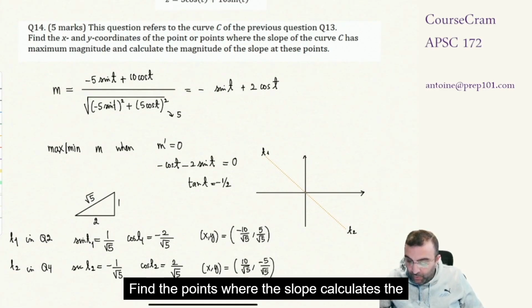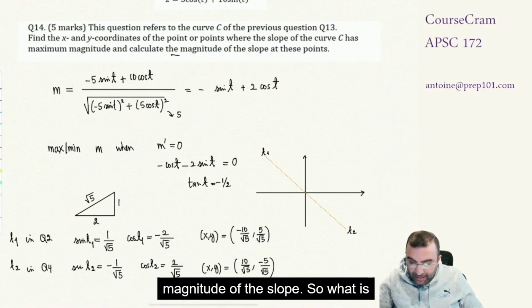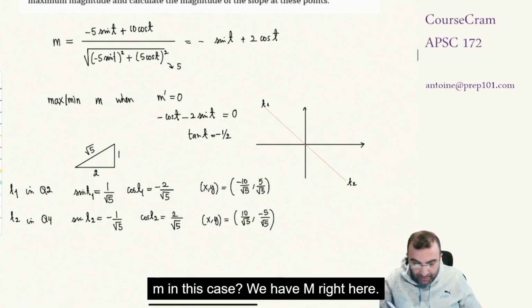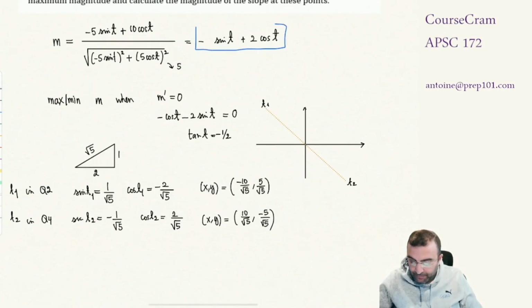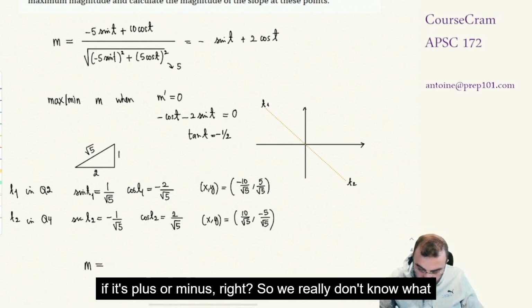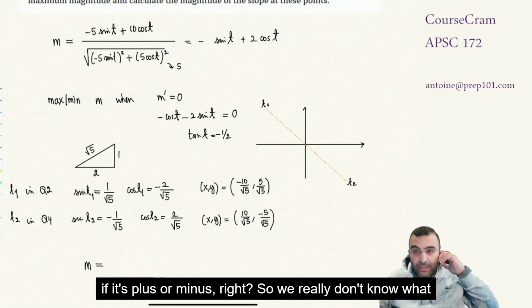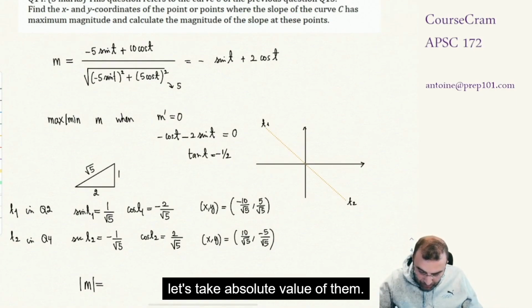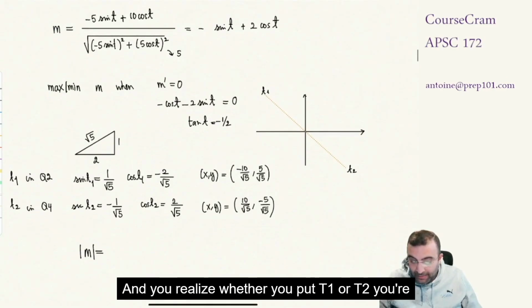Now calculate the magnitude of the slope. So what is m in this case? We have m right here, right? We don't know if it's plus or minus, so we want the magnitude of the slope. So let's take the absolute value of m. And you realize whether you put in t1 or t2, you're going to get the same thing.